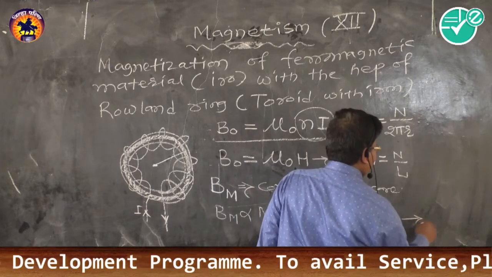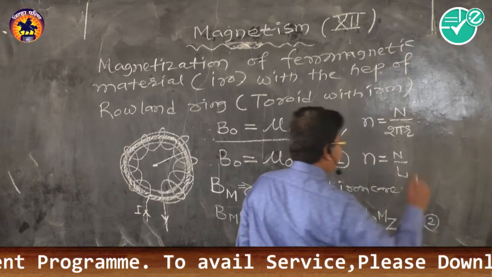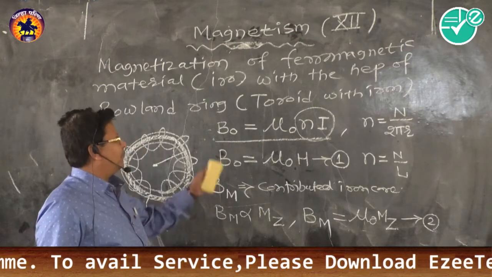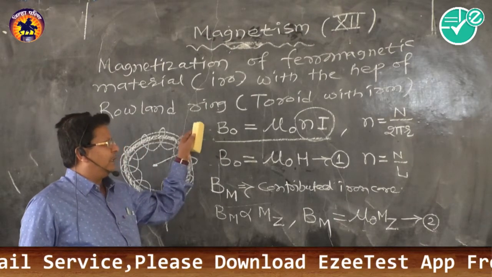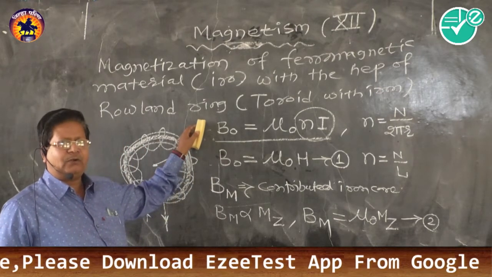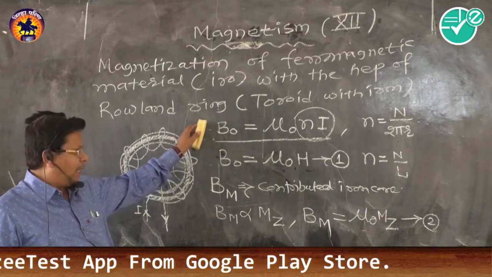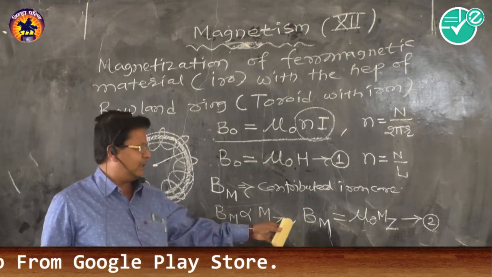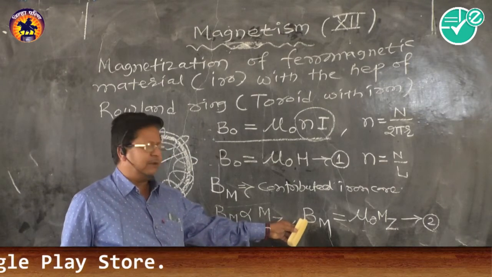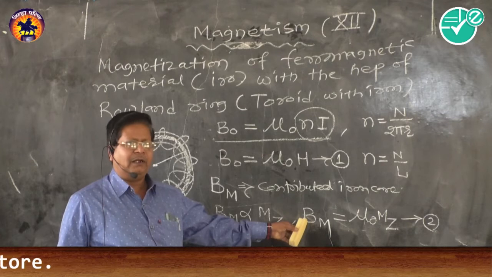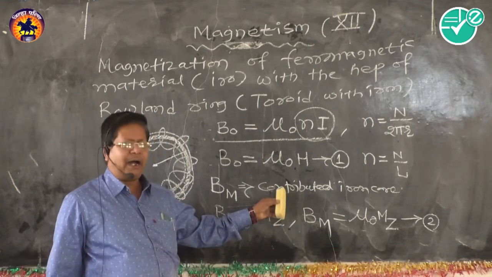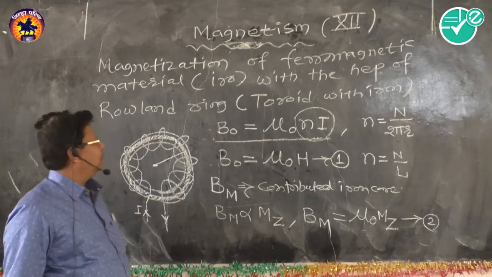So this is our second equation. So first equation is for magnetic induction along the axis of the toroid without iron core, and second equation represents the magnetic induction contributed by the iron core.